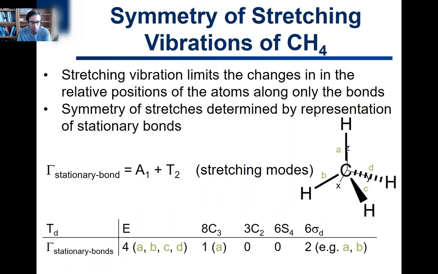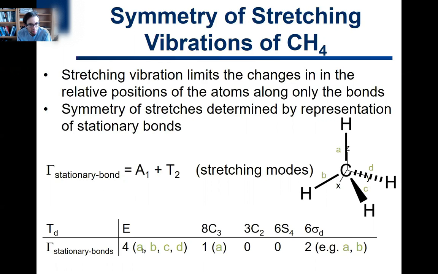Because you're just changing the relative positions of the atoms along the bonds, the representation of stretches is embodied by the symmetry of the stationary bonds. So all you have to do to figure out the stretches is come up with a reducible representation, in the point group that you're working with, of the stationary bonds.